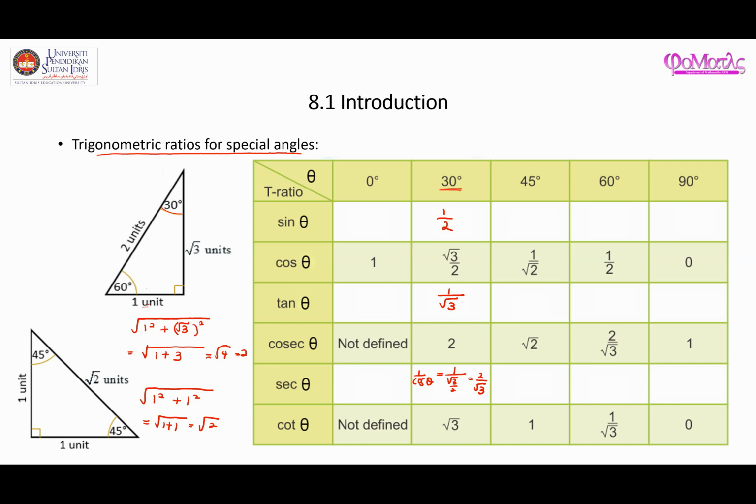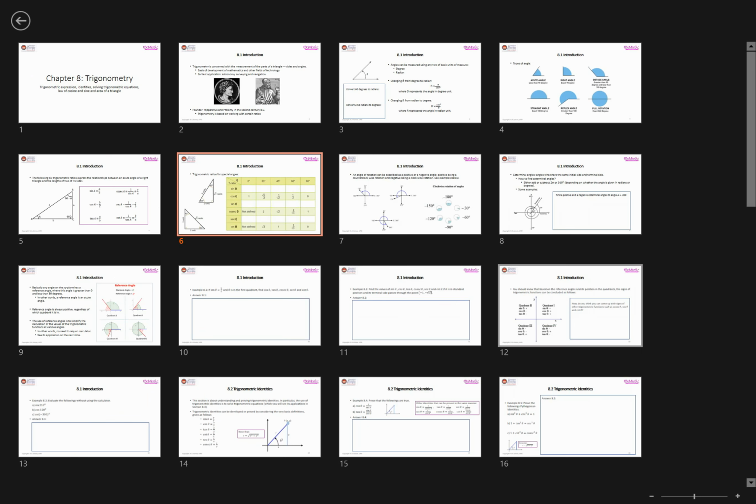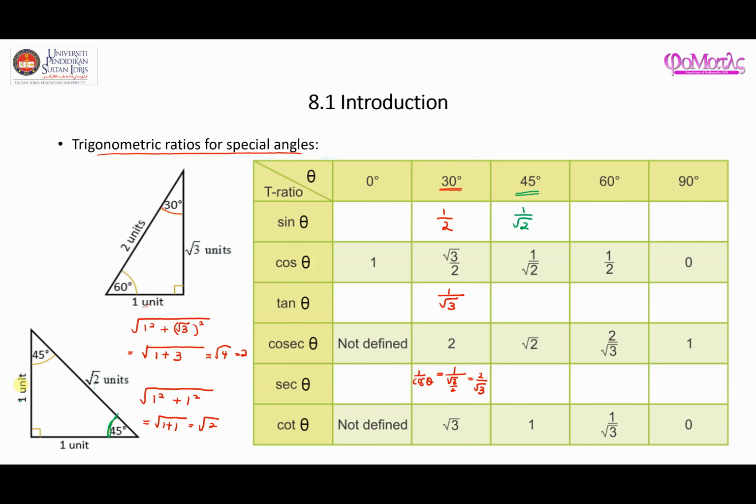Next let's look at the next angle, which is 45 degrees. Maybe we can consider this one. Sine of 45 degrees is 1 over root 2. Tangent of 45 degrees is 1 over 1, which is just 1.